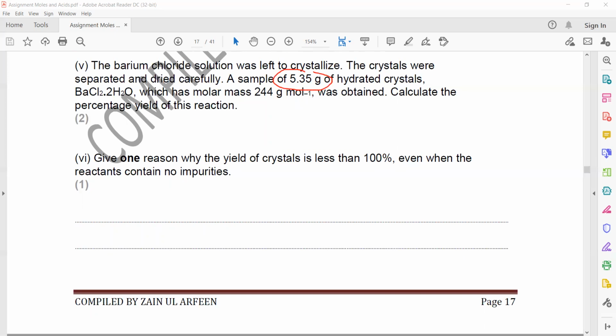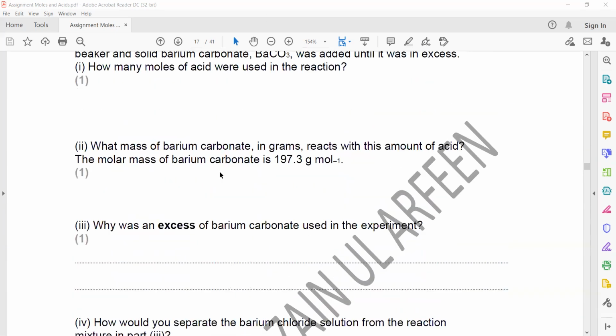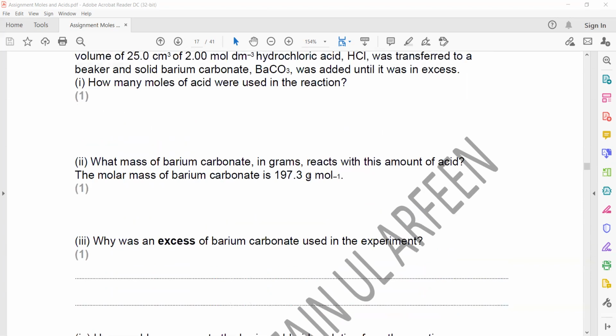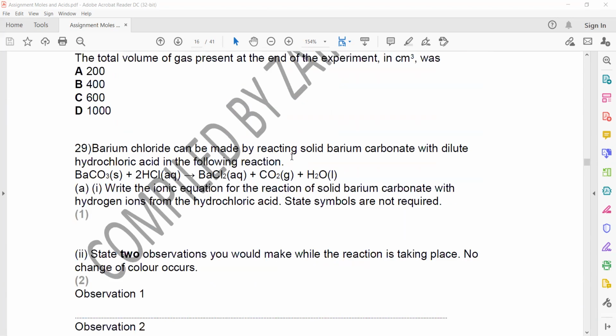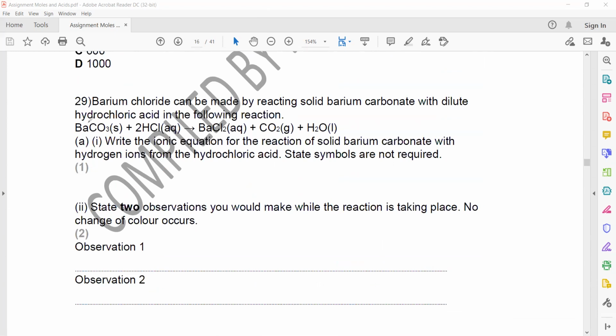So we got the moles, which were 0.025, basically the moles of barium carbonate. Using the moles of barium carbonate, we get the moles of barium chloride, as the ratio between barium carbonate and barium chloride is 1 to 1.